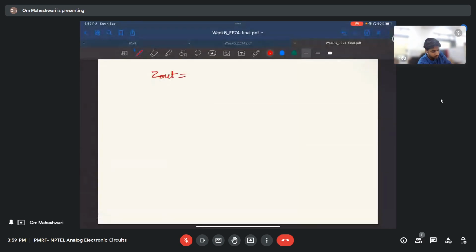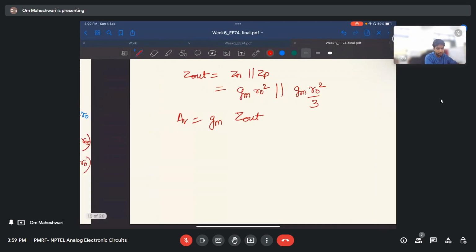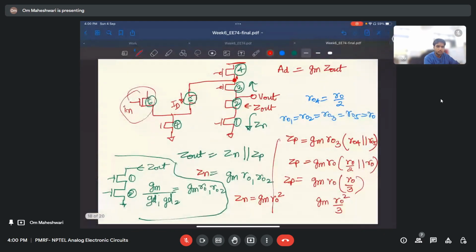Z out is Zn parallel Zp, that is Gm RO squared parallel with Gm RO squared by 3, and AV is Gm into Z out. Okay. So for Zn, it will be RO plus RO1 plus RO2.